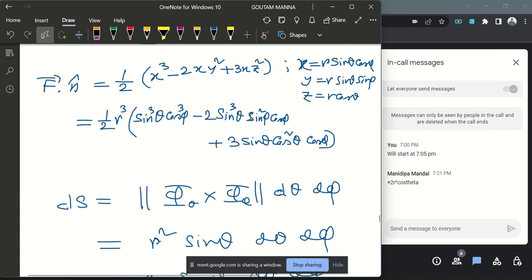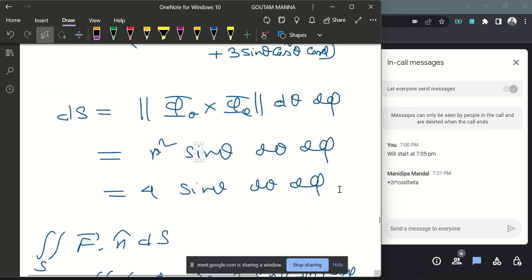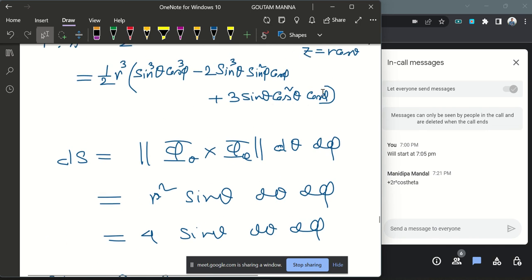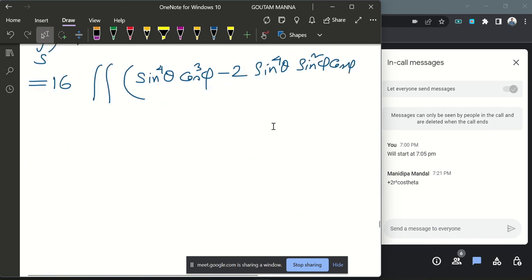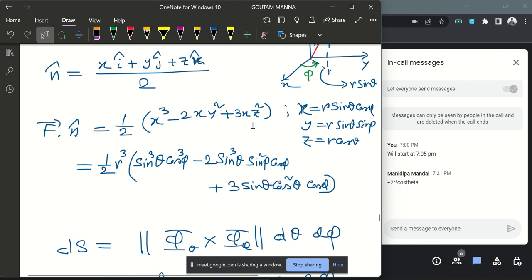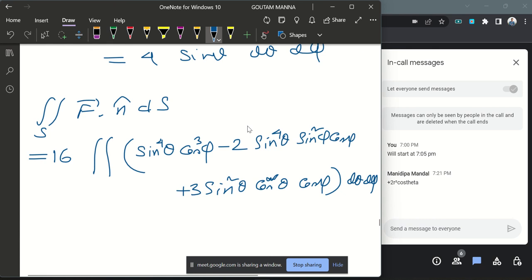Sine to the power 4 is because there is a sine theta in the ds, and here we will get plus 3 sine square theta cos square theta cos phi d theta d phi, and phi is going from 0 to pi by 2, also theta is going from 0 to pi by 2 because we are in the first octant.